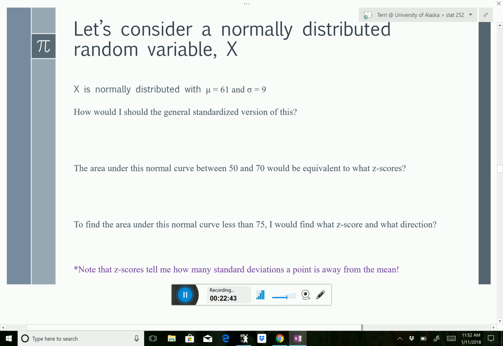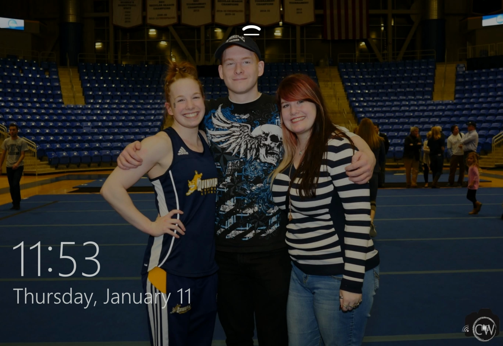So let's consider a normally distributed random variable X. So X is normally distributed with a mu of 61 and a sigma of 9. Now, how would you generally standardize this thing?